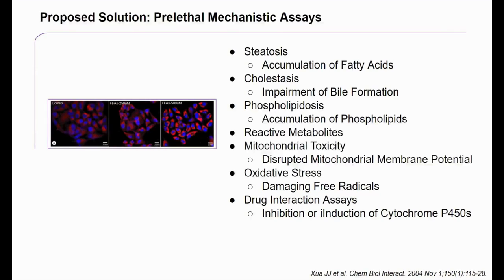The cytochrome P450s are very important for the metabolism of drugs in the liver, and compounds that would inhibit these could cause problems with, let's say, drug-drug interactions. So if someone was taking two drugs, and one drug inhibits a P450 that's metabolizing the other, then the concentration of the other drug could become very high and cause problems.